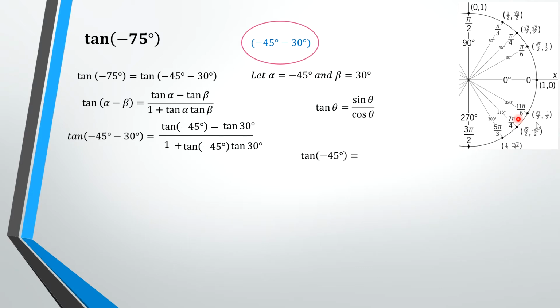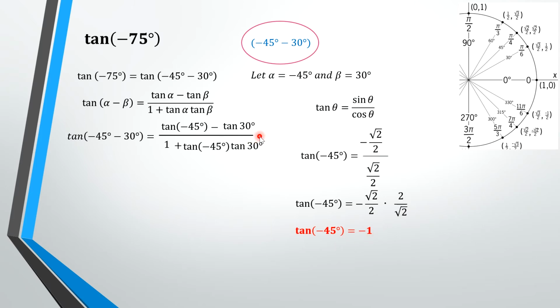Your sine theta is negative square root of 2 over 2, over our cosine of negative 45 degrees, which is square root of 2 over 2. To simplify this, we copy the numerator, negative square root of 2 over 2, proceed to multiplication and get the reciprocal of the denominator, that is 2 over square root of 2. Simplifying, our tangent negative 45 degrees is equal to negative 1.